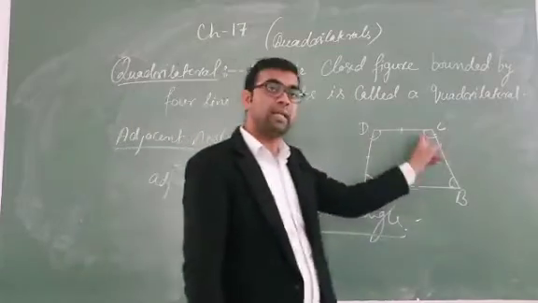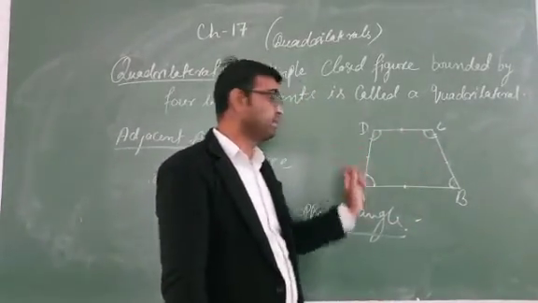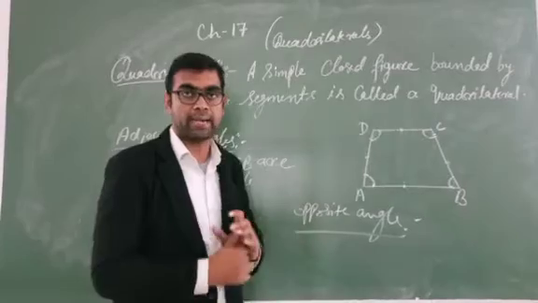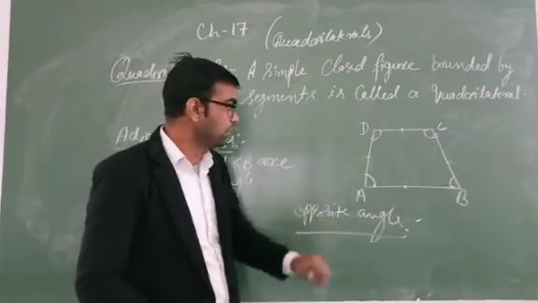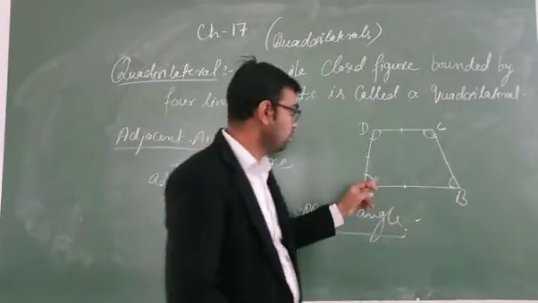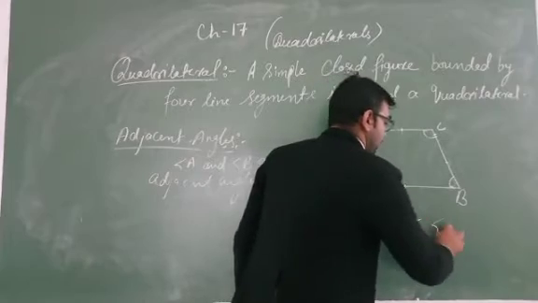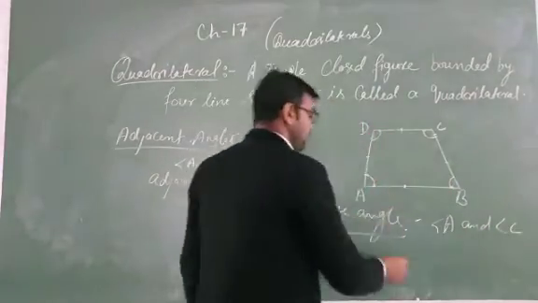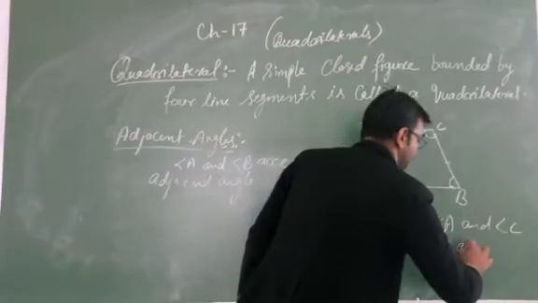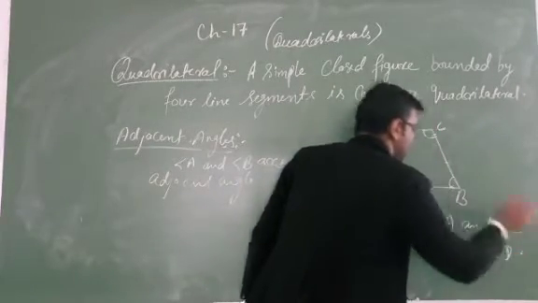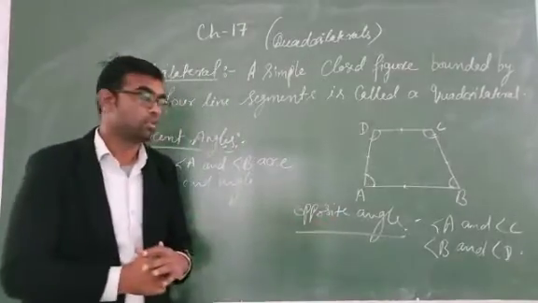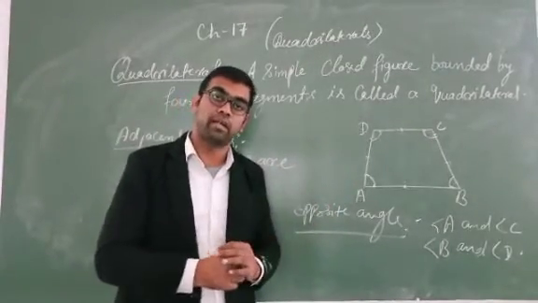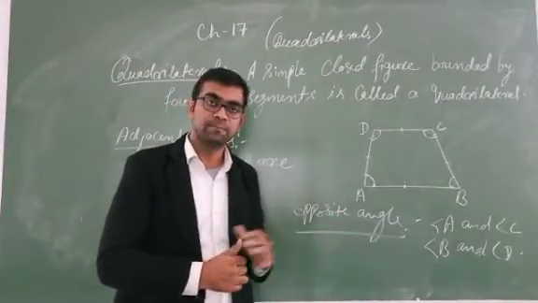Similarly, B and C are adjacent, C and D are adjacent, D and A are adjacent. Now opposite: those which are not adjacent, so angle A and C, and angle B and D, are not adjacent. So these are opposite angles. I hope it is clear.